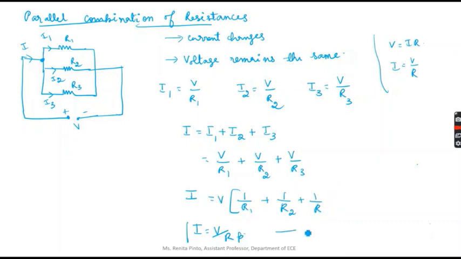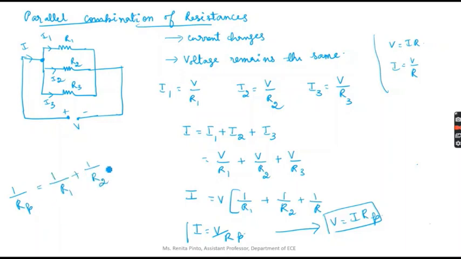Correct? So you can also write V is equal to I into Rp, right? Where 1 by Rp is given by 1 by R1 plus 1 by R2 plus 1 by R3. So this is your equivalent resistance.